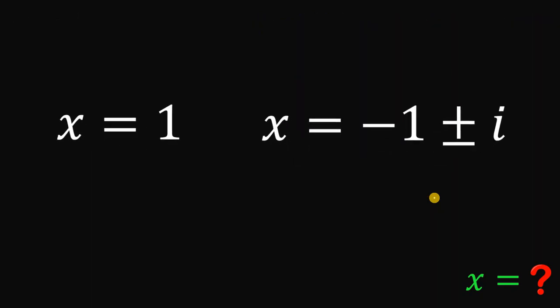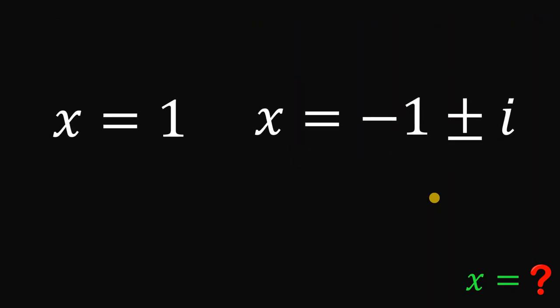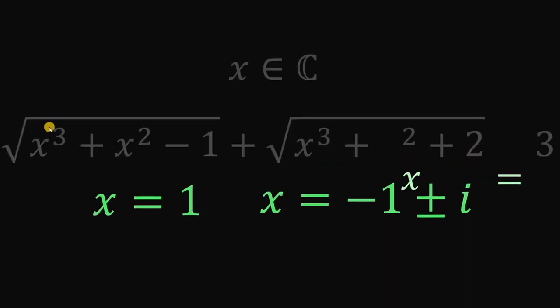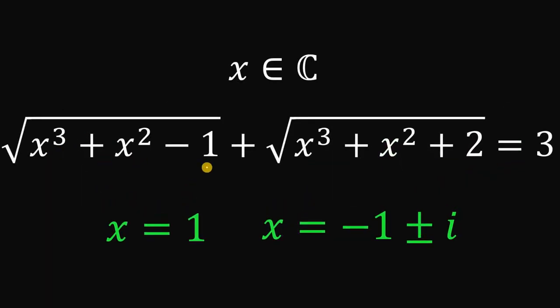Therefore, we found 3 possible values of x that satisfy this equation: square root of x cubed plus x squared plus 1 plus square root of x cubed plus x squared plus 2 equals 3. Wherein our answer is x equals 1 or x equals negative 1 plus or minus i. And as always, we are done.